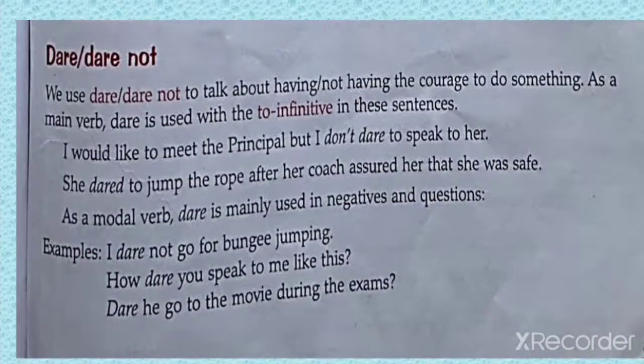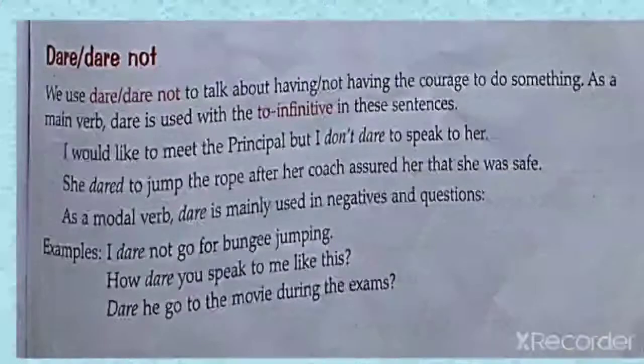Now before we move to these modal auxiliaries, I would like to revise what we have done previously. We have learned can, could, may and might. Here we have learned that could and might we can use for the past tense, and can and may we can use for the present as well as for the future.